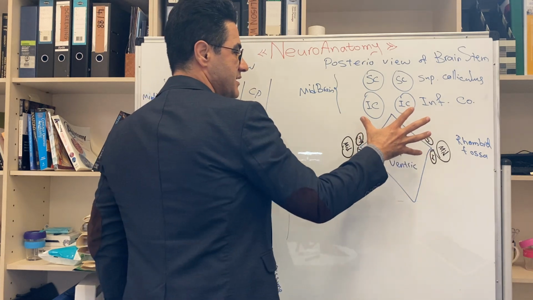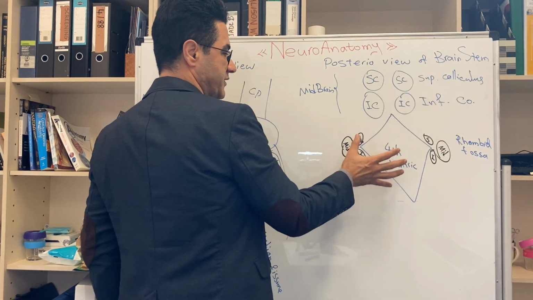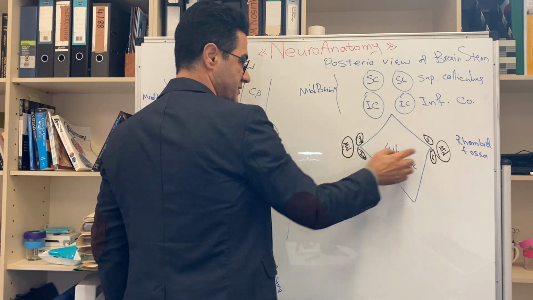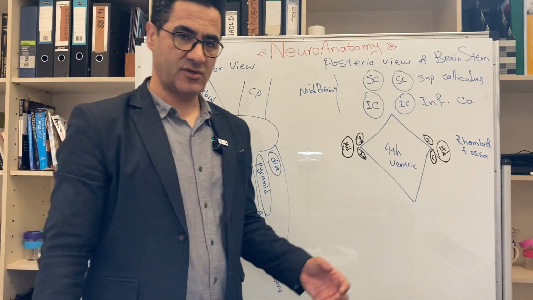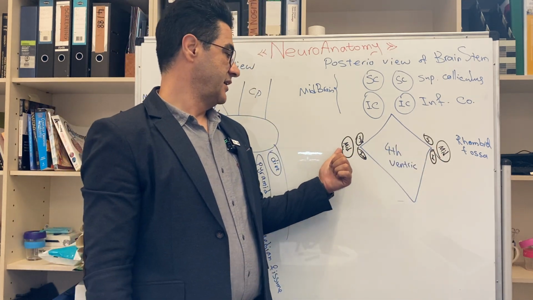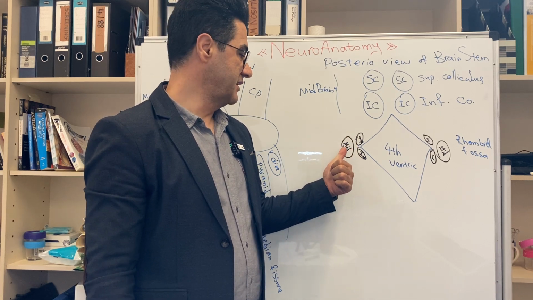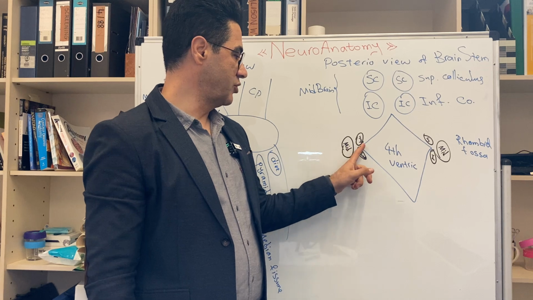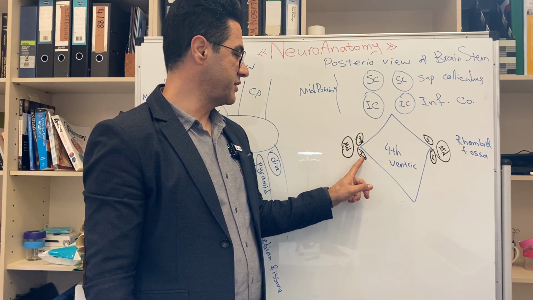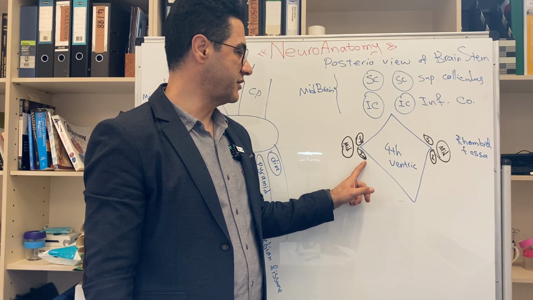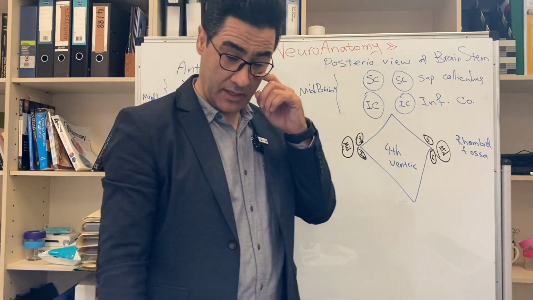So imagine that here posteriorly we have cerebellum. They're connecting to the brainstem via these peduncles. That's why it's called cerebellar peduncles. The more lateral one is the biggest one. It is called middle cerebellar peduncle. The more medial, at the top we have superior, at the bottom we have inferior cerebellar peduncles.